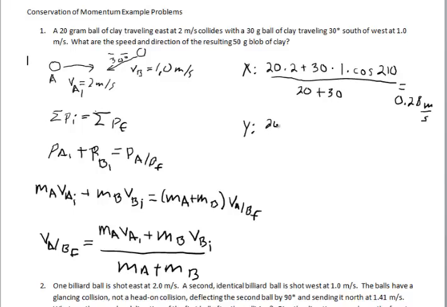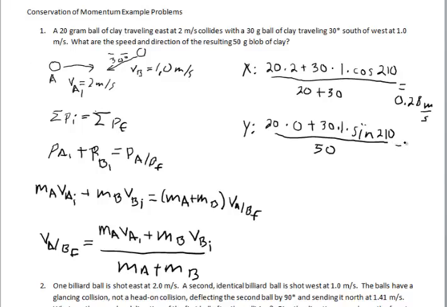It would be 20, the same mass, but because this is going completely to the right, east, it has no y component, so this is times 0, plus 30 times 1 times sine of that angle, divided by 20 plus 30, or 50.